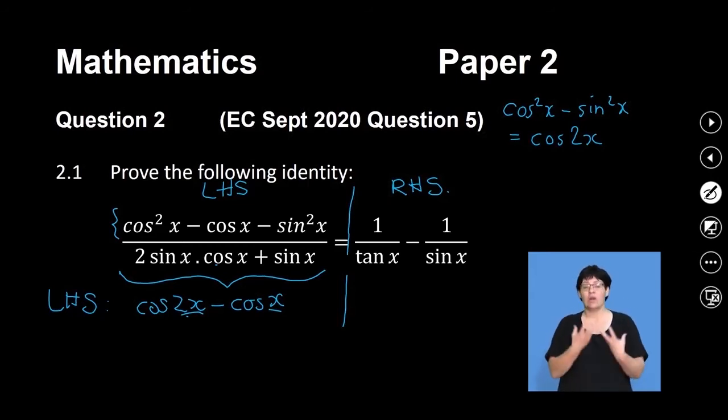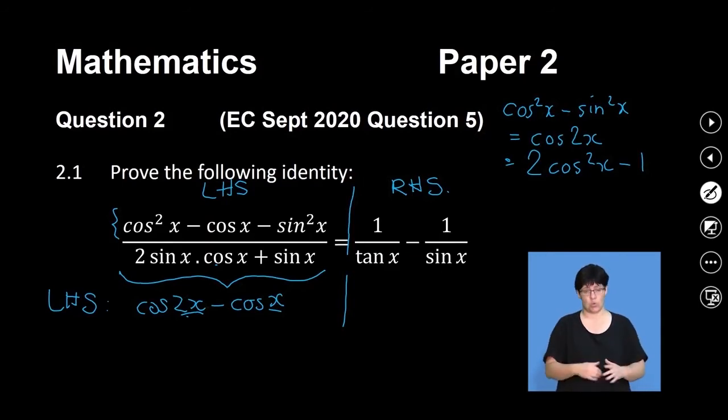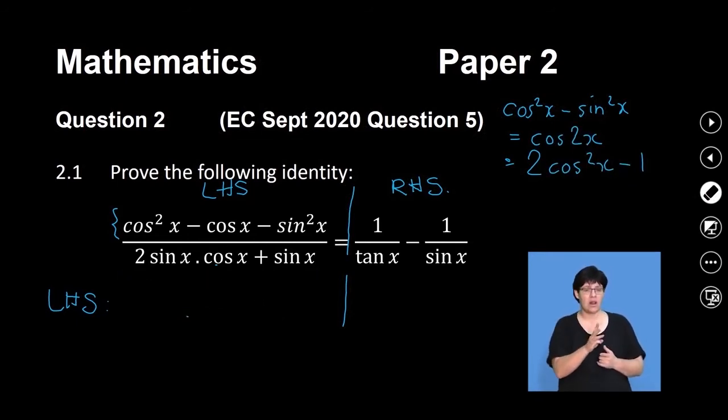So let's try and bring that cos of 2x back into a cos of x by rewriting the cos of 2x as 2 cos squared x minus 1. All right, and that's going to be a lot more helpful, because then we're going to have an expression in the numerator that we're actually going to be able to factorize.